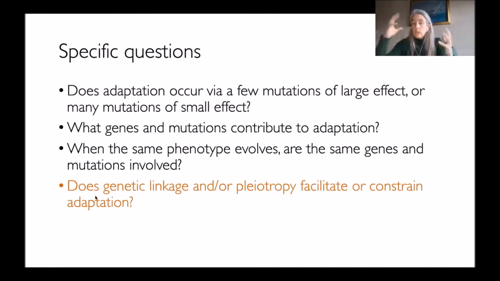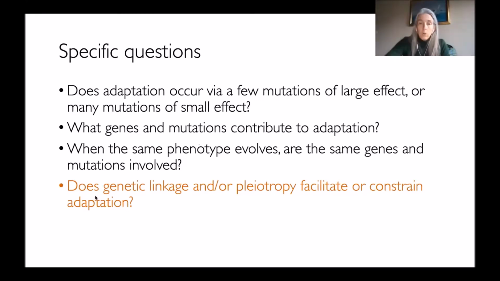So do we see that QTL are distributed across the genome? Or do we see that they're clustered in the genome, which would suggest that linkage of different traits, or pleiotropic effects of single mutations on multiple traits, might actually facilitate adaptation?